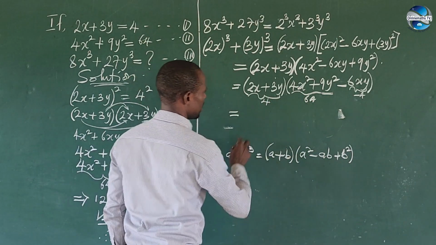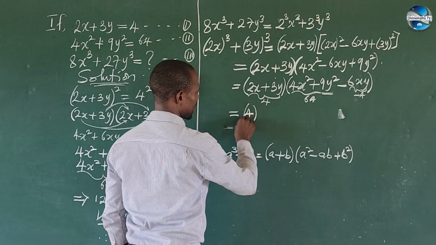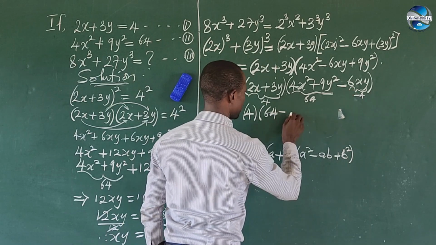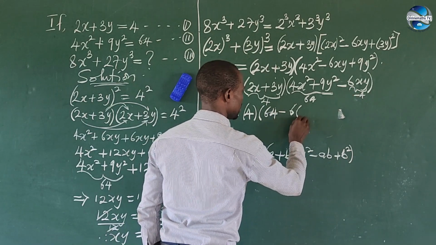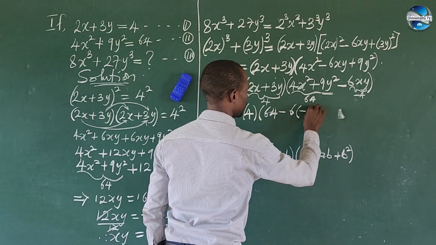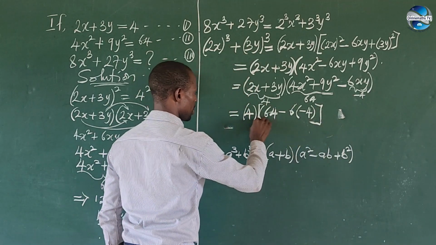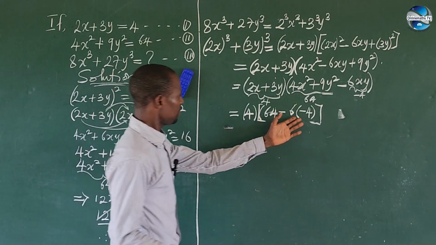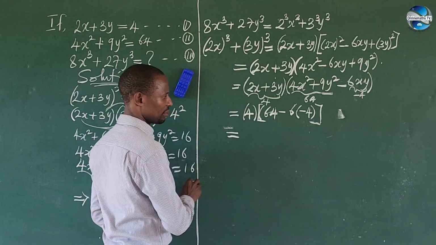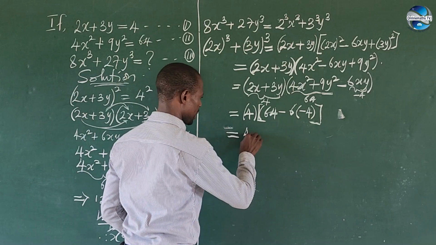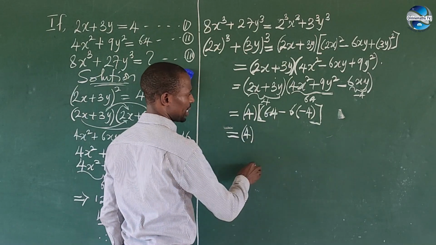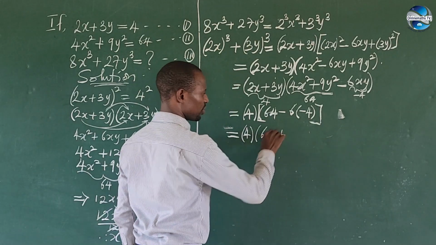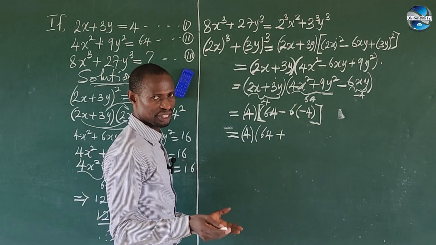If we do this, this will now give us 4 in bracket times (64 minus 6 times minus 4). Let's put this in a square bracket. All right, so let's open this up and see what it gives us. We have our 4 here, then 64, then minus times minus, we know this will give us plus from our elementary mathematics.